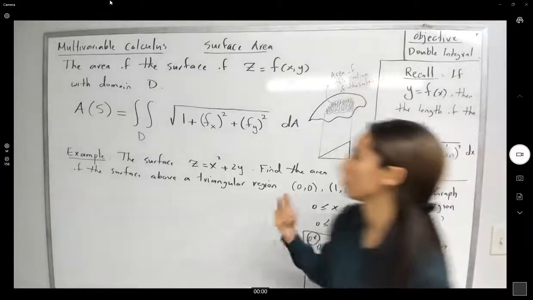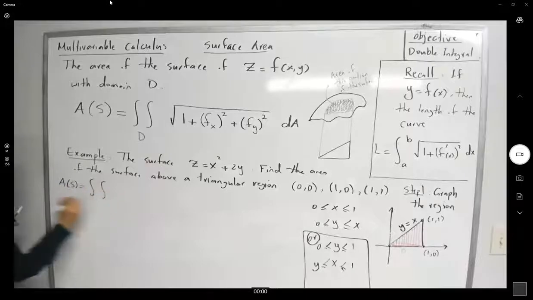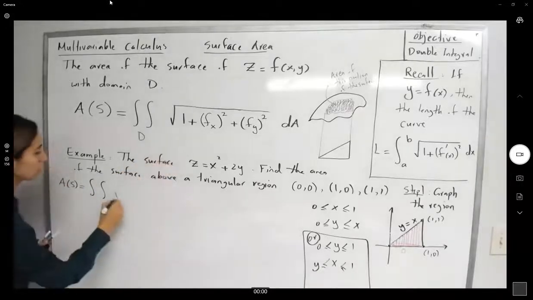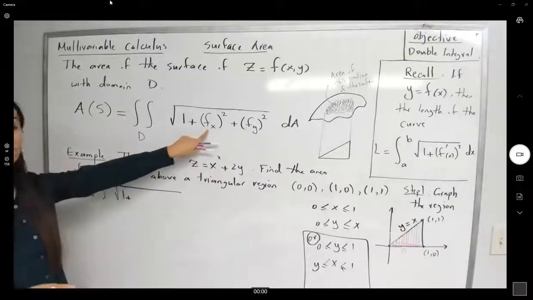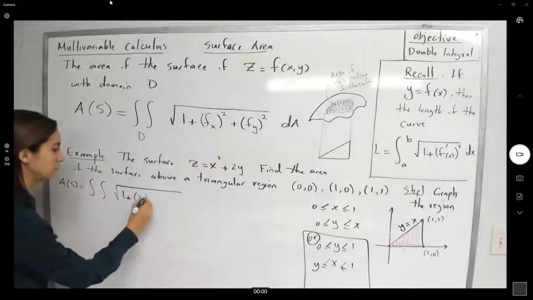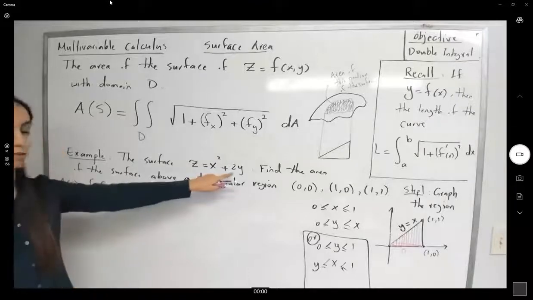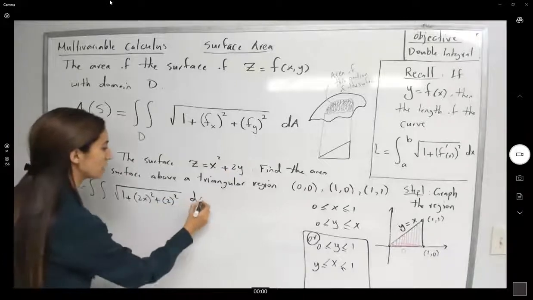Very well. There is a formula to follow. The surface area is equal to the double integral of the square root of 1 plus the derivative with respect to x, 2x, squared, plus the derivative with respect to y, 2, squared, dA.